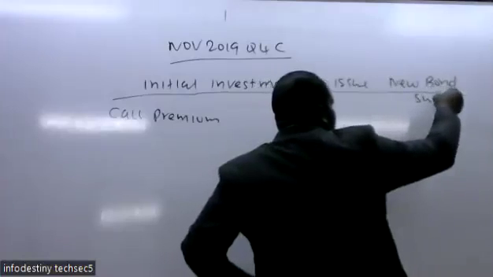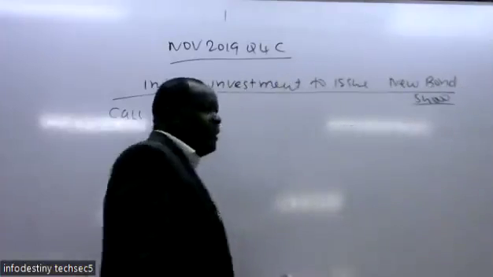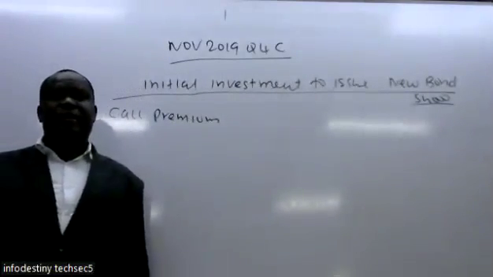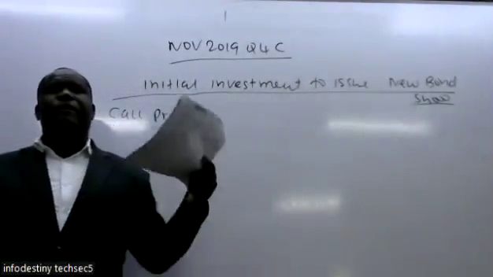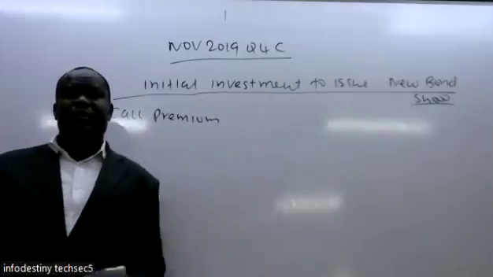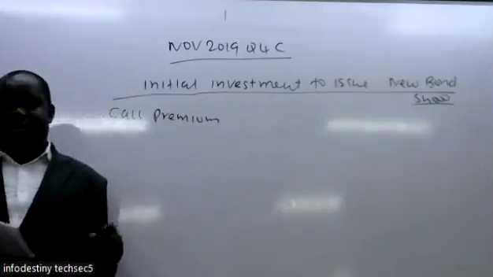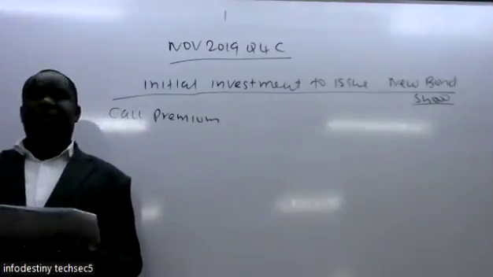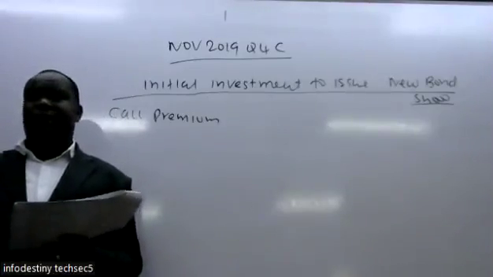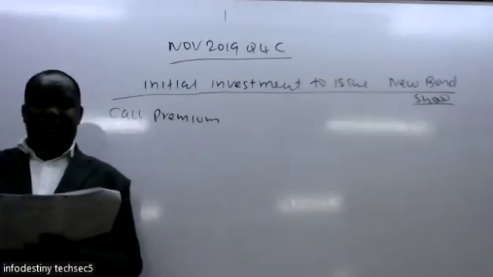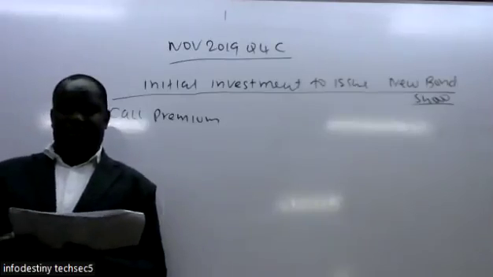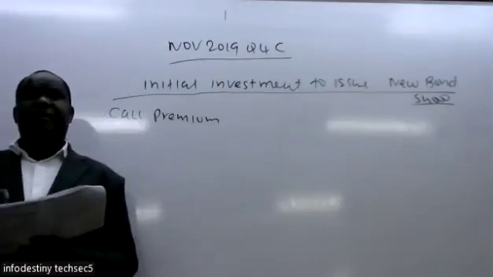Remember when we checked in the notes that we discussed in our last class, we said that a call premium is simply a penalty for repaying the loan before the maturity period. Go to paragraph number 3. It says the old bond can be redeemed at what percent? 10% premium.